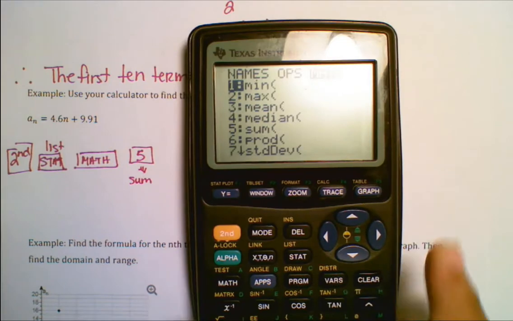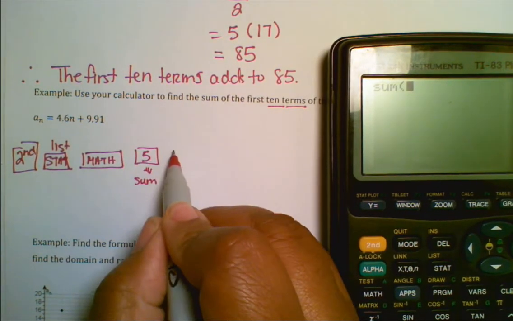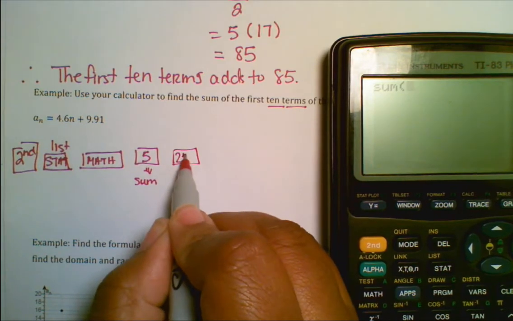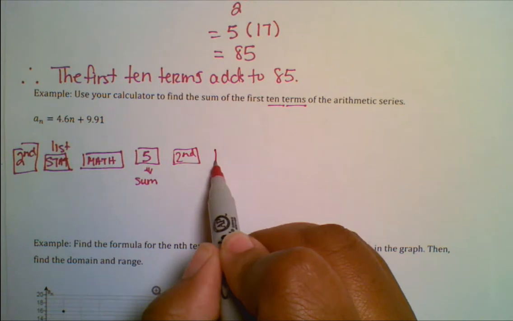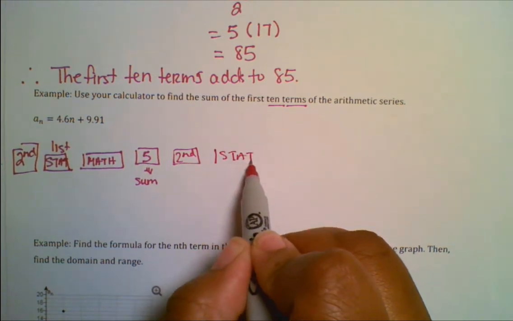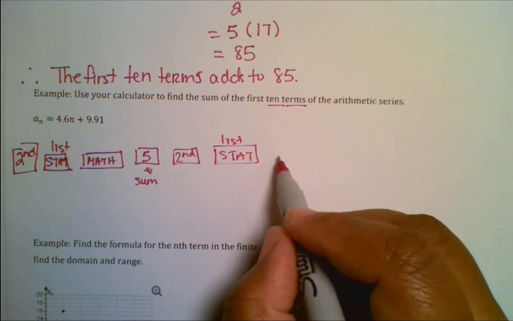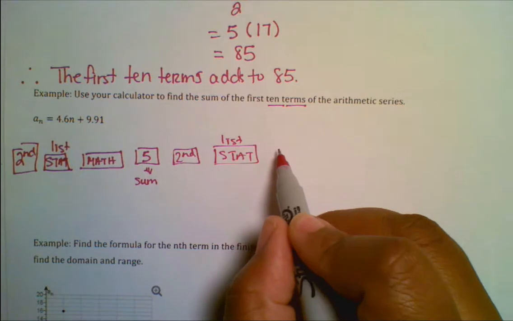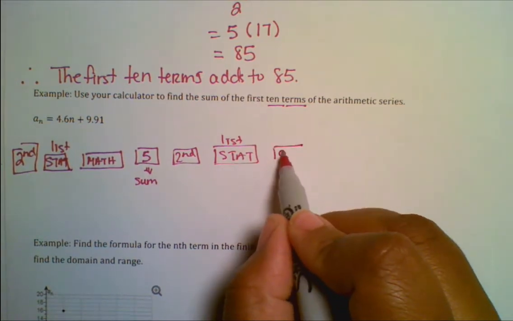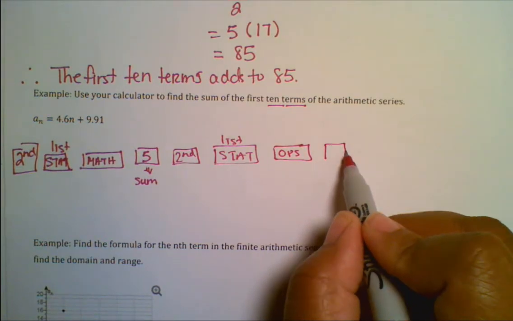Okay, you would press 5, and then we're going to press the second button again and go back to stat, and then we're going to go over to OPS and look for number 5 again.